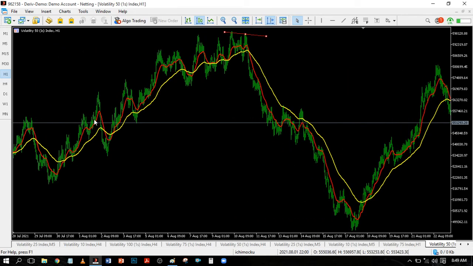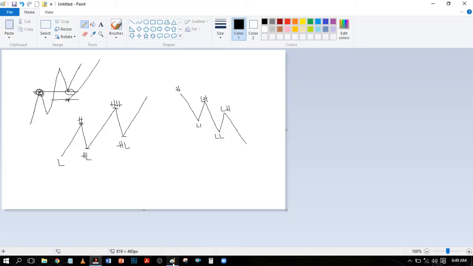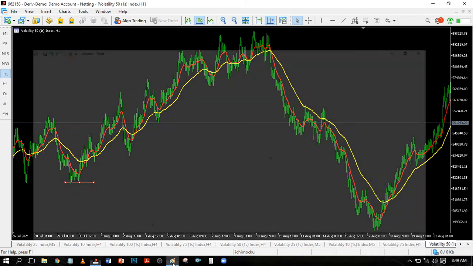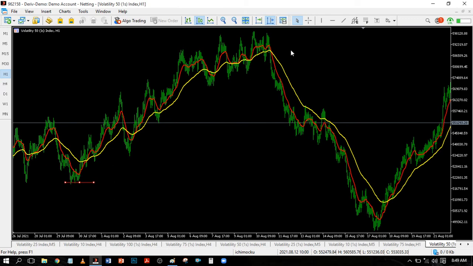Okay, look at it. You can see the market went down, went up, went down, went up. From our discussion here, this is an uptrend. You can see there's a higher low, and this is another higher low.